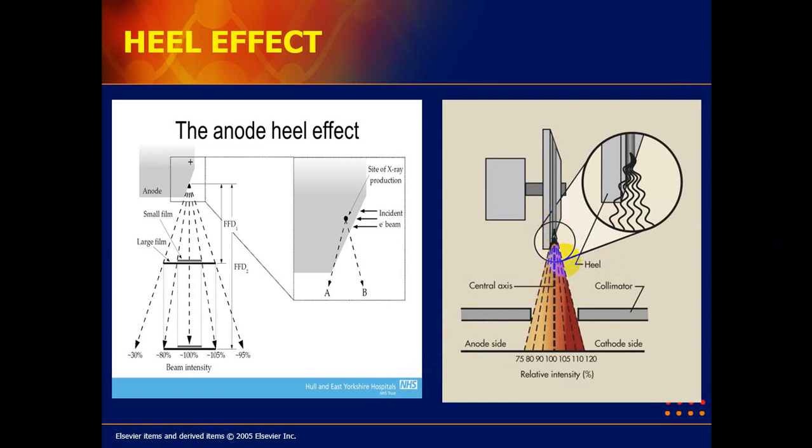Kasi, magta-travel pa siya dito sa heel ng target. So, mas mataas ang intensity ng cathode kasi walang magi-interfere. Diretso siya. Hindi kagaya dito sa anode part, wherein ang X-ray will travel the heel and it could contribute to lesser X-ray intensity.